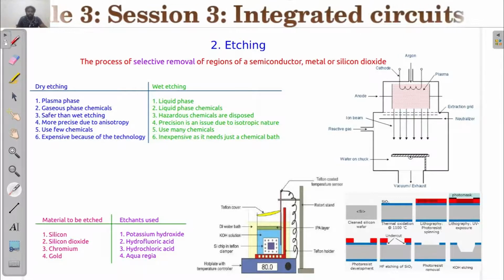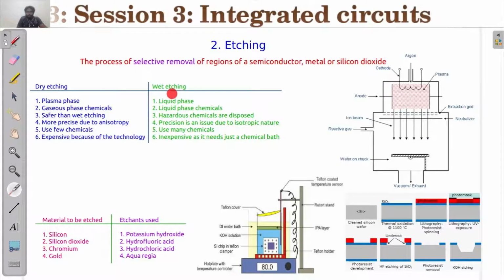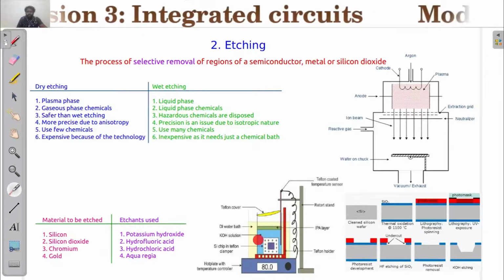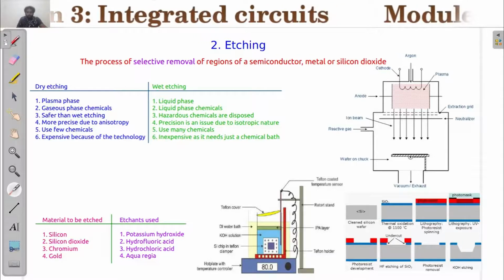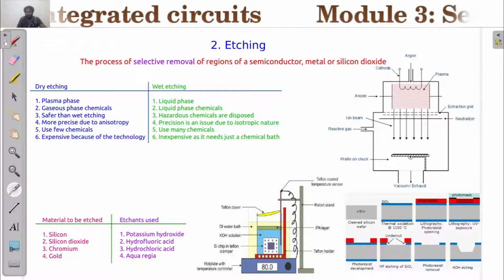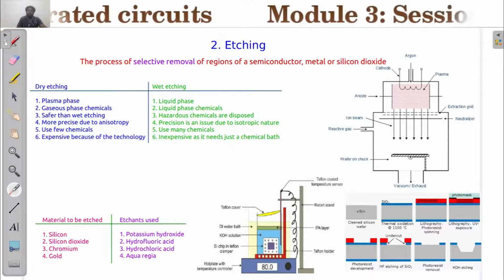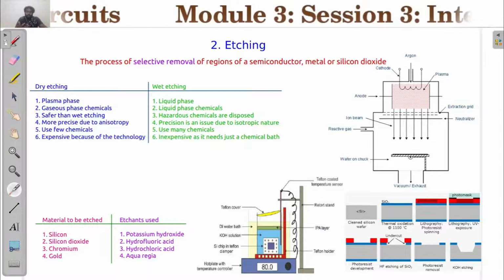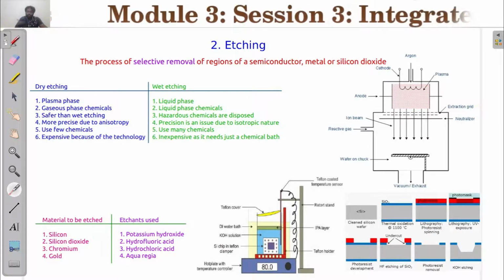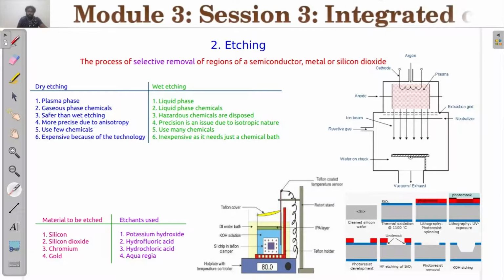And the second kind of etching is called wet etching. Here what we are going to do is we are going to subject the silicon wafer to a liquid, and the liquid will be removing the required material from the silicon substrate. There are chemicals that can be used to remove each of the materials. If you want to remove silicon dioxide, you need to use hydrofluoric acid.